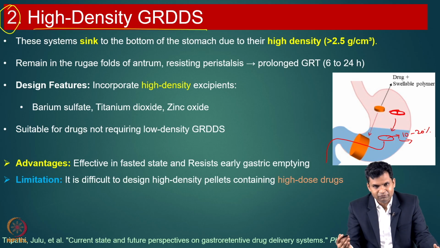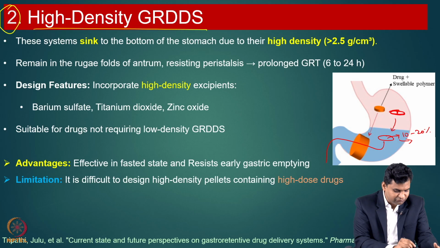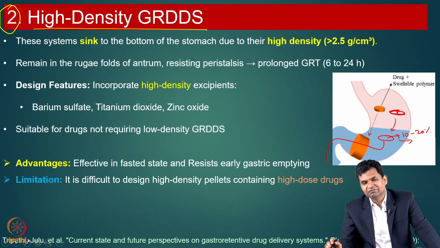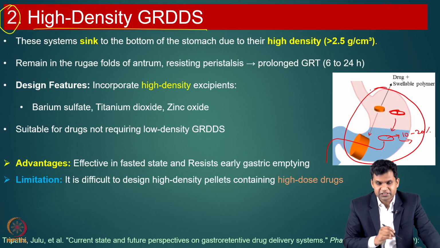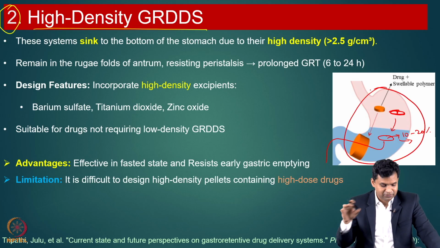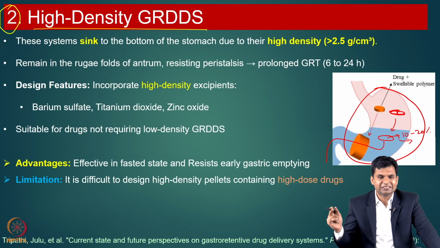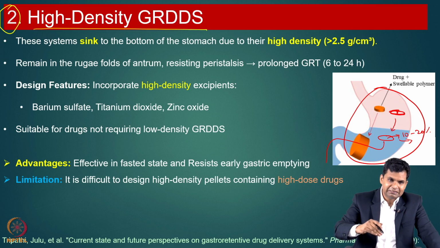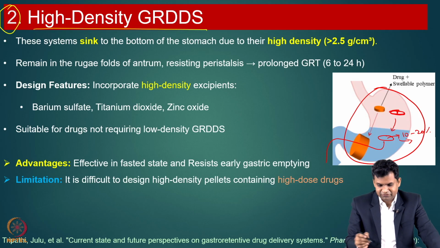So, people have invented various types of gastroretentive drug delivery systems which will help in the retention of the dosage form within the stomach. In that, the second thing we are going to discuss is high density gastroretentive drug delivery systems. As we know, it is completely opposite to the low density systems.